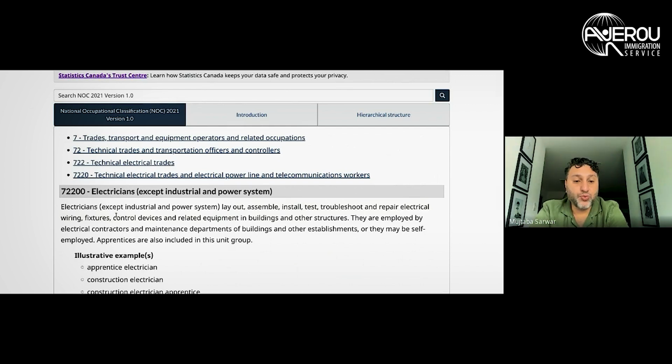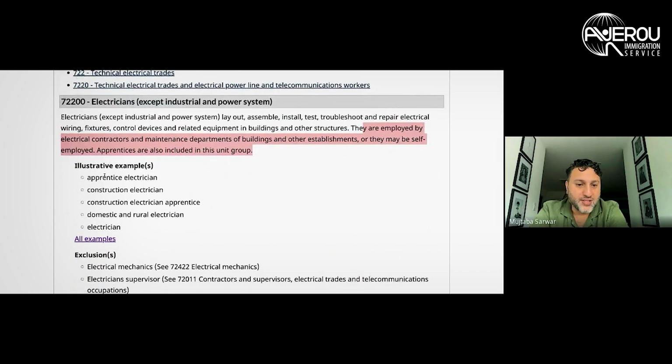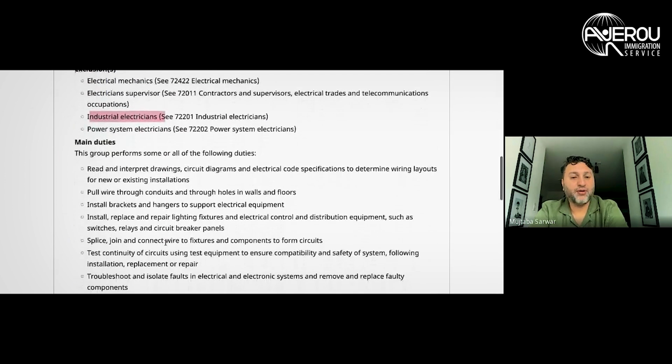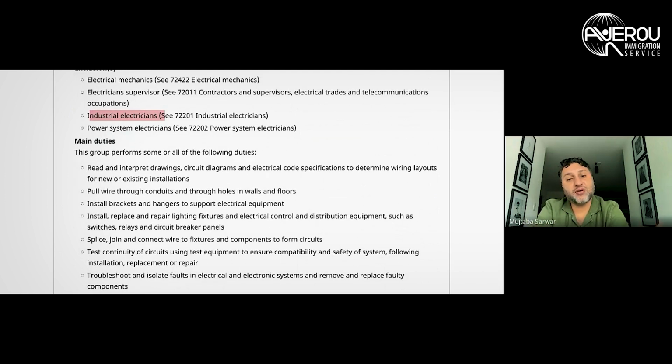So we saw that an electrician is usually doing these types of jobs and is hired by these types of people. There's no industrial electrician in the illustrative examples. It does say industrial electrician in exclusions. So we know there is something different between an electrician and an industrial electrician.